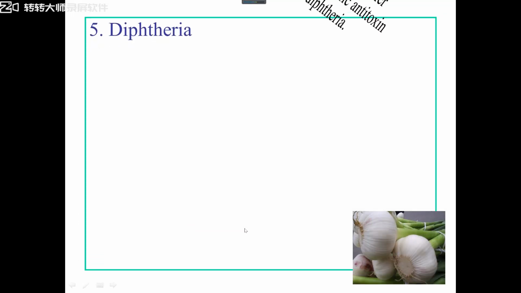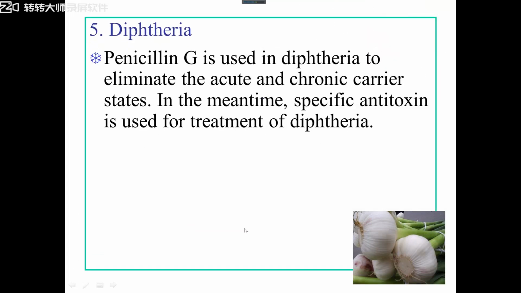The fifth clinical use of penicillin G is diphtheria. Do you know diphtheria? Penicillin G is used in diphtheria to eliminate the acute and chronic carrier states. In the meantime, specific antitoxin is used for treatment of diphtheria.